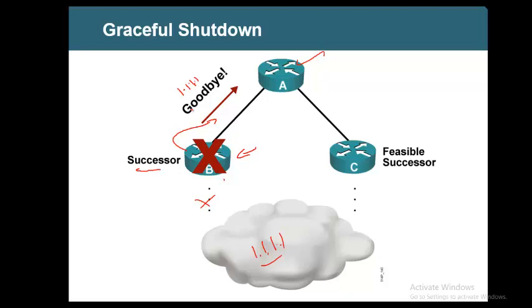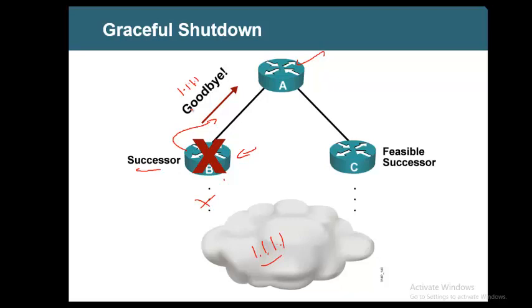So that router A can immediately find another path. See, there is another path, a feasible successor via C. So C will become the successor immediately. As soon as it receives the goodbye message, it will swap the path.